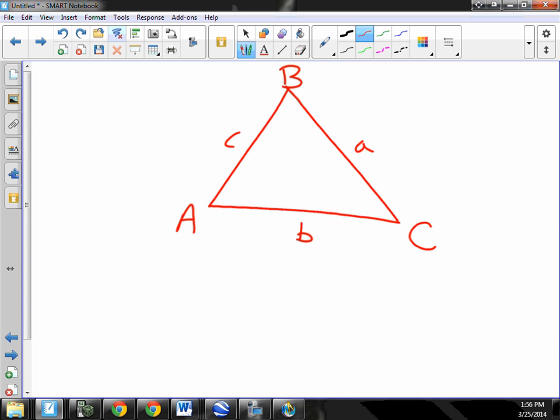How would I calculate the area of this triangle without knowing any values, including the height? So our formula is 1/2 base times height. Well, I know the base in this case is little b. So let's call this the base. So 1/2 b times the height. Well, the height is an altitude.